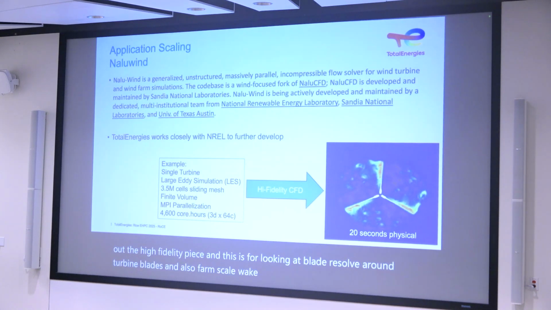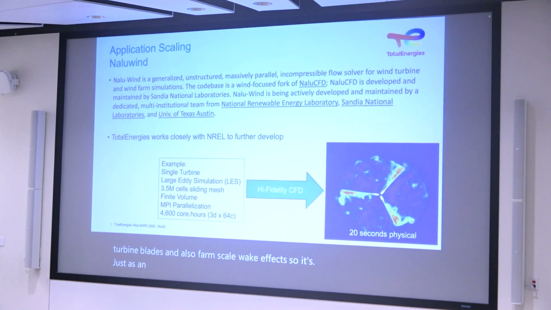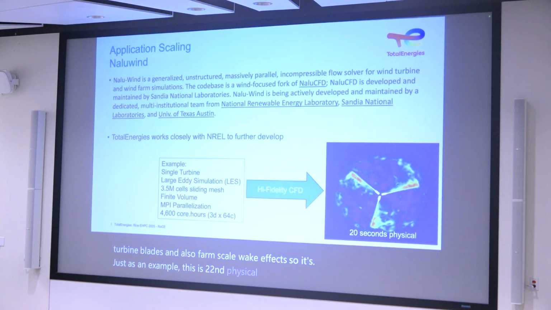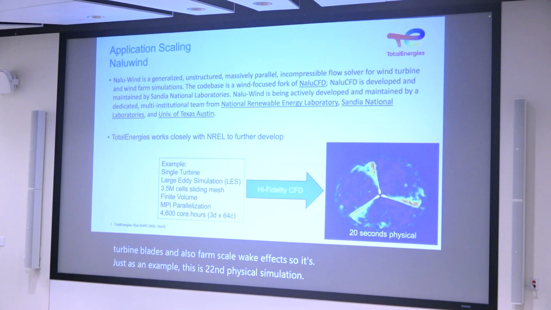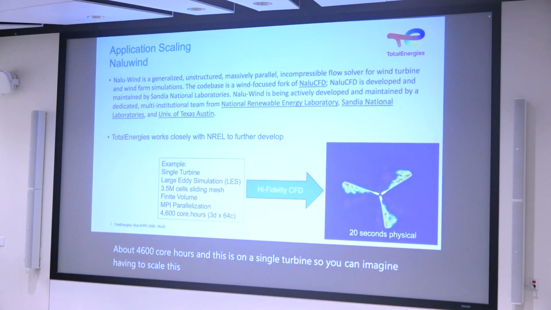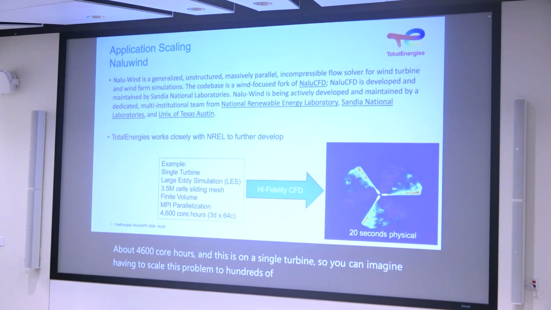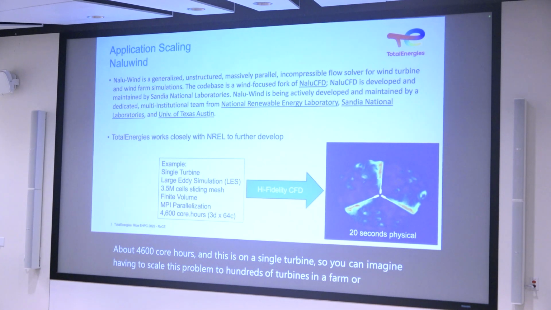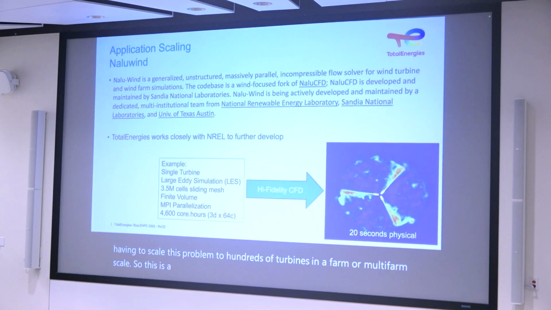As an example, this is a 20-second physical simulation, about 4,600 core hours, on a single turbine. So you can imagine having to scale this problem to hundreds of turbines in a farm or multi-farm scale. So this is a very HPC application.